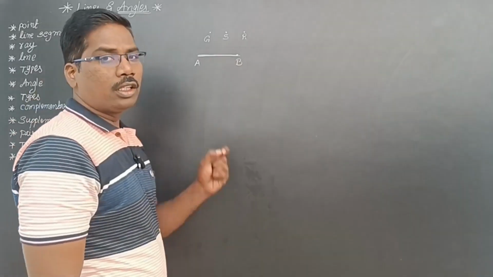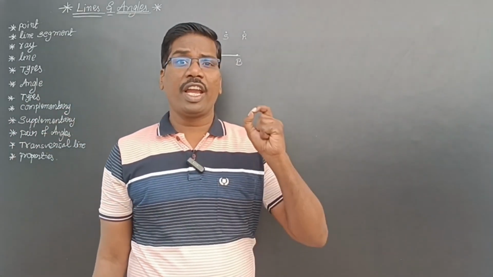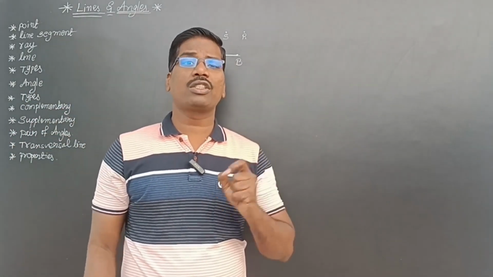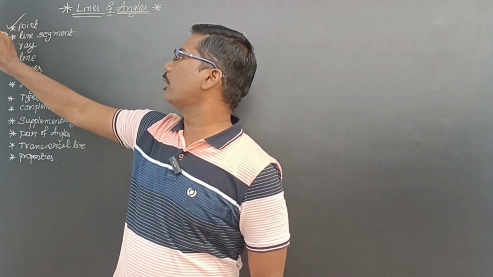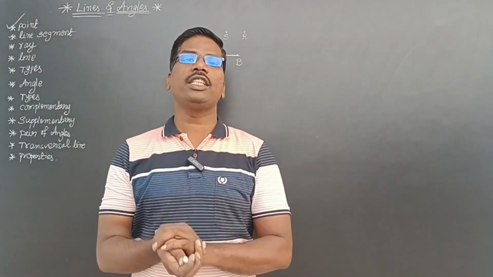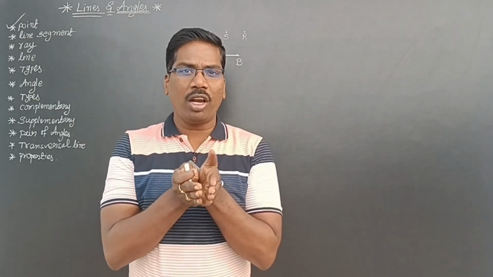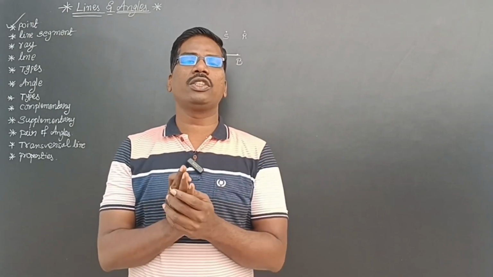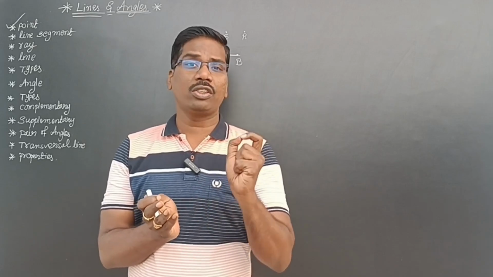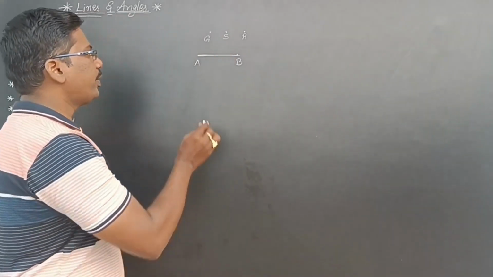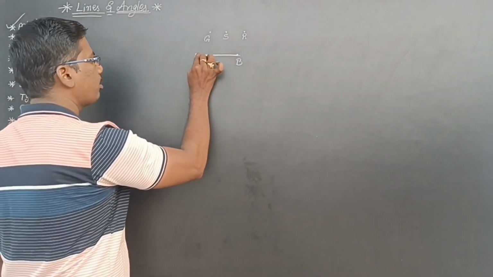Now, we can say the shortest distance between any 2 points in a plane is called a line segment. The shortest distance means the smallest distance. It should be very small, very shortest. The shortest distance between 2 points is called a line segment.